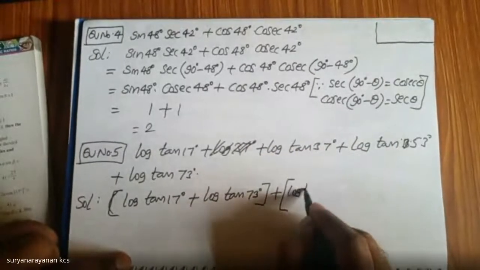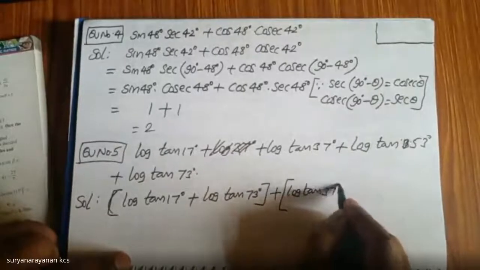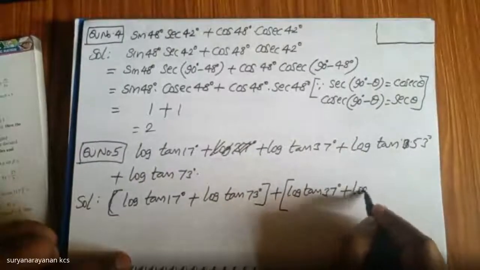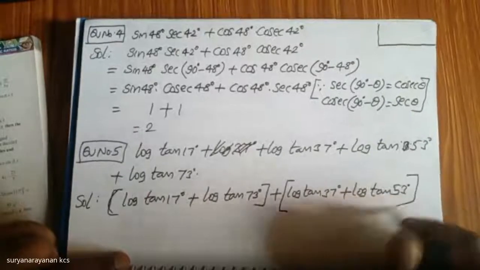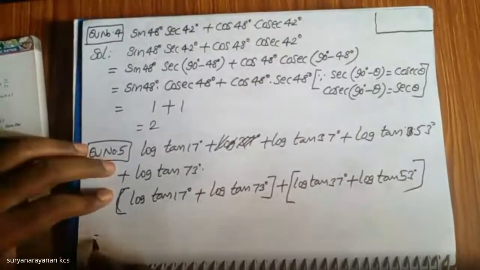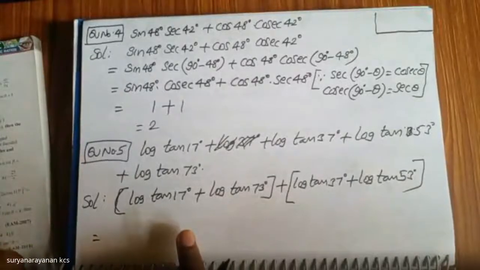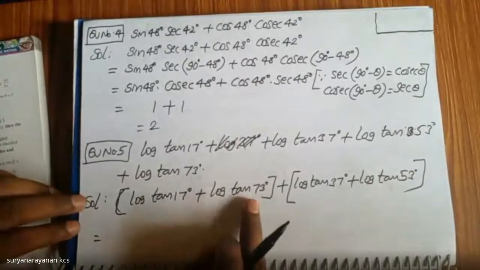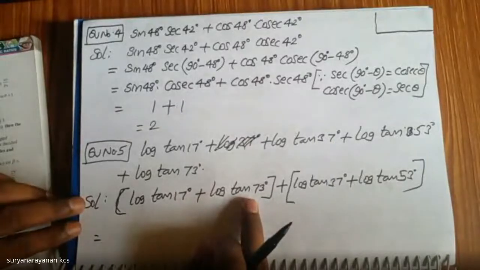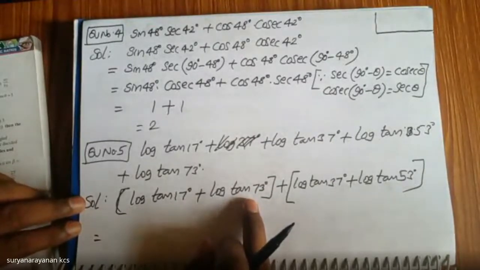Log tan 37 degrees plus log tan 53 degrees. Okay, my children. Now we write tan 73 degrees as tan of 90 minus 17 degrees.